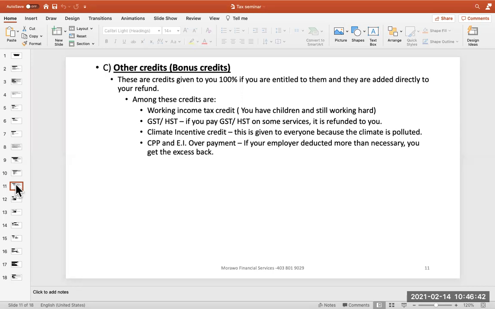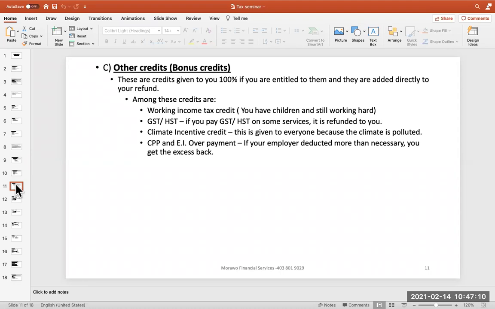That is, these ones, once you are entitled to, is given to you and you take it. It's not subjected to any rate or whatever. So among these ones are working income tax credit. You are a mother, you are a father, you're working hard, and you're taking care of your kids. Government says, thank you for doing this.